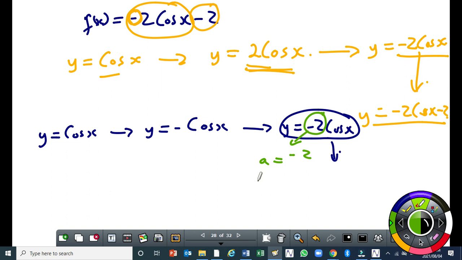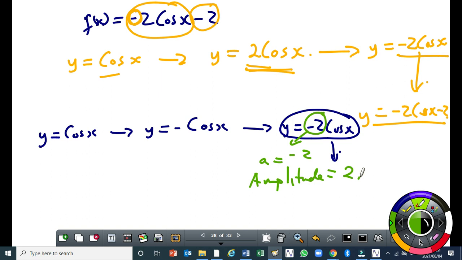Therefore, the amplitude will be equal to positive 2. You can't have a value of A which is different from the amplitude in terms of the value. There has to be a connection. You can't say the value of A is negative 2, but the amplitude is 3. It doesn't work that way. Yes, sir. I see now.